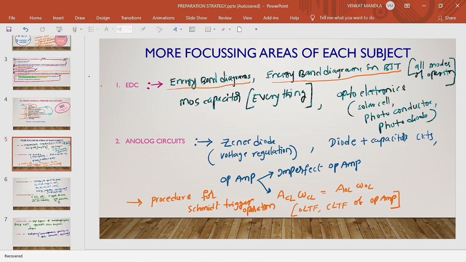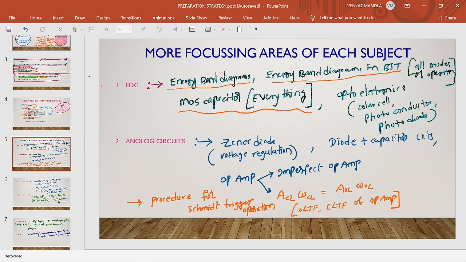And the next very important topic is the MOS capacitor. You have to learn everything in the MOS capacitor, from the basic structure to all the modes of operation: accumulation mode, depletion mode, weak inversion mode, and strong inversion mode, and derive all the formulae.